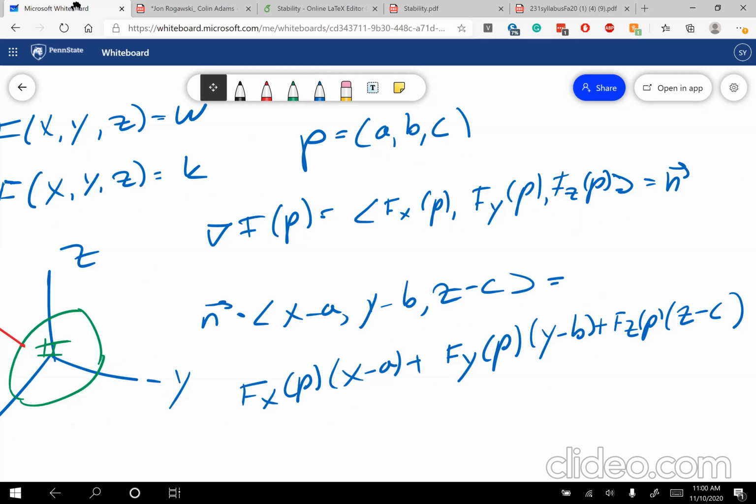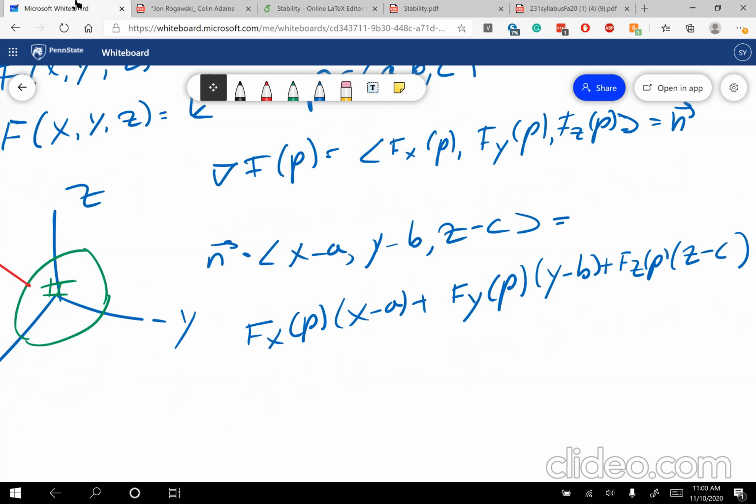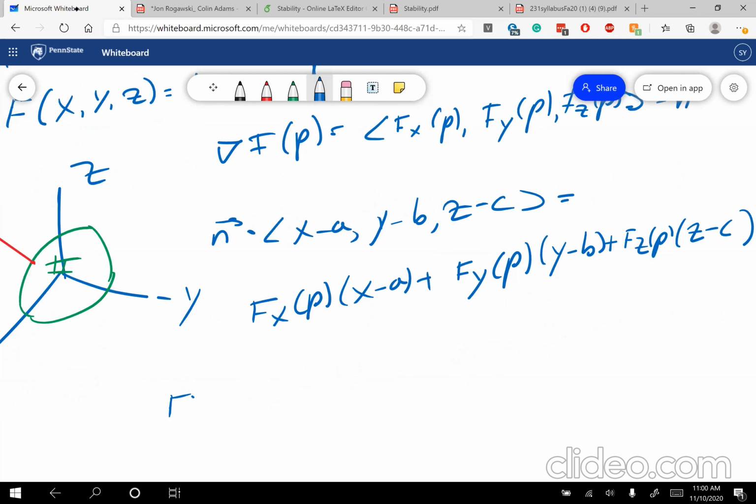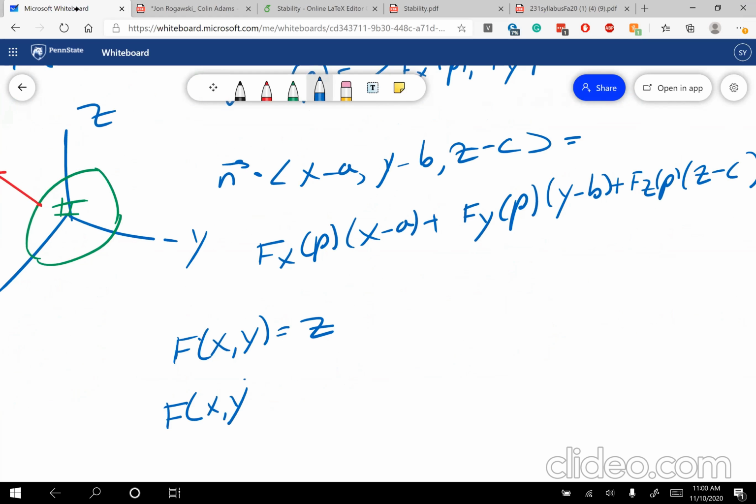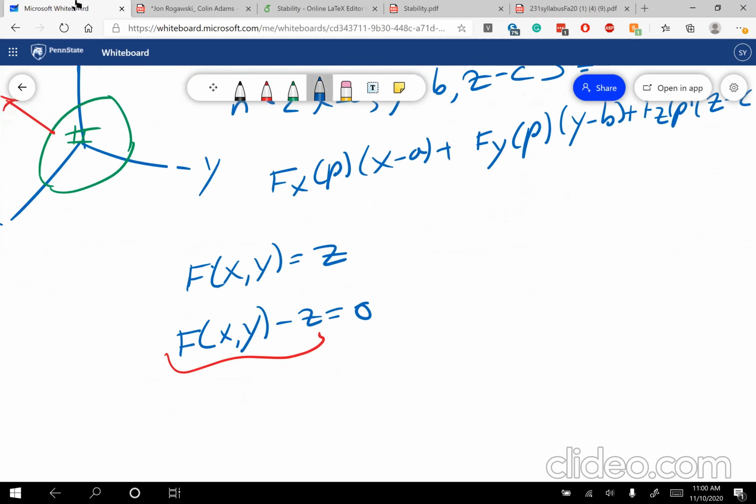Now, in the case that we were doing before, we had that f of x, y is equal to z, which would mean that f of x, y minus z is equal to 0. And we can now rewrite this in the form f of x, y, z is equal to 0.